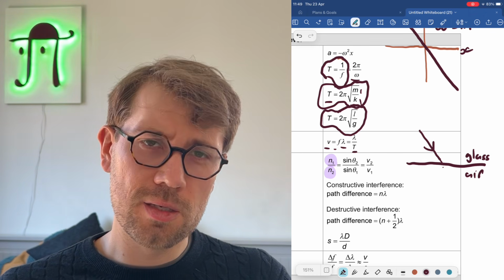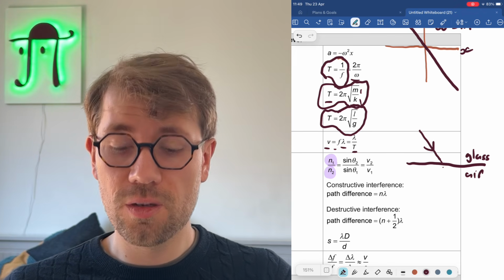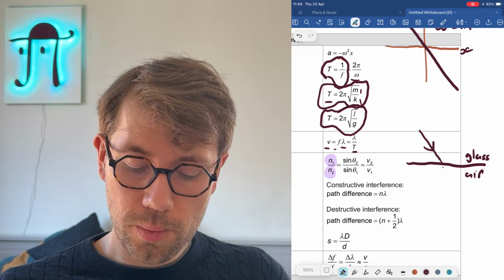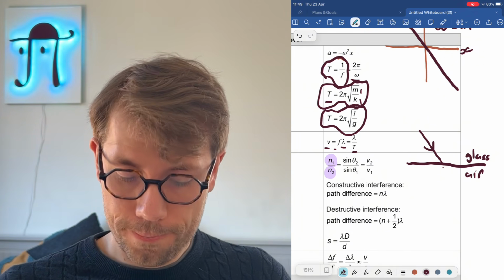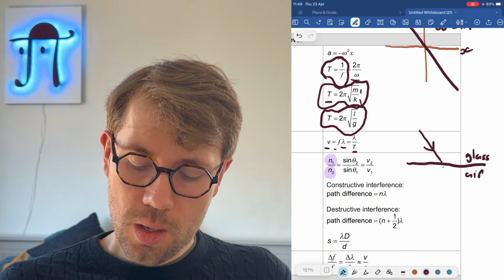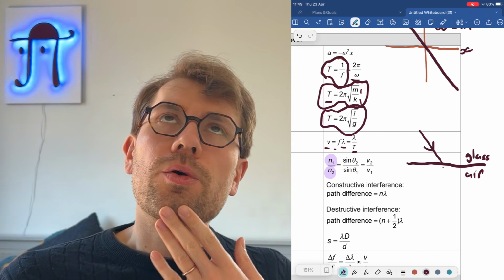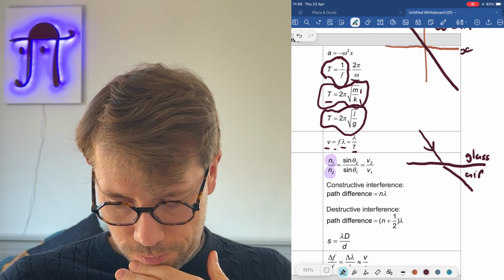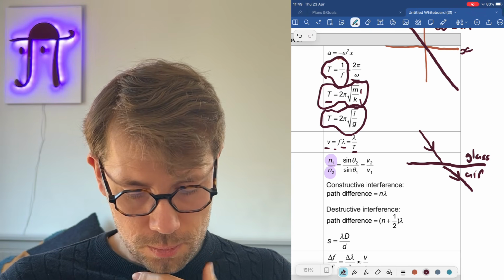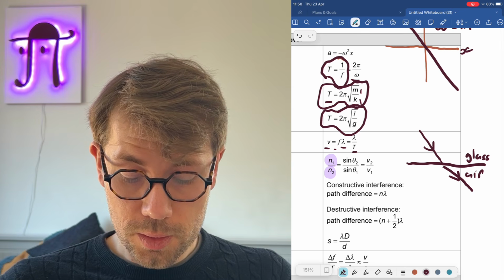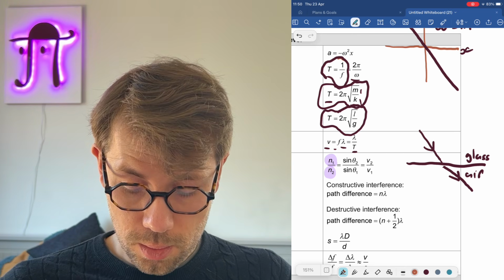Air, we say, has the same refractive index as a vacuum because it's close enough. So that's going to be 1. So here the refraction would be away from the normal. And you can figure that out if you find out what these angles are.